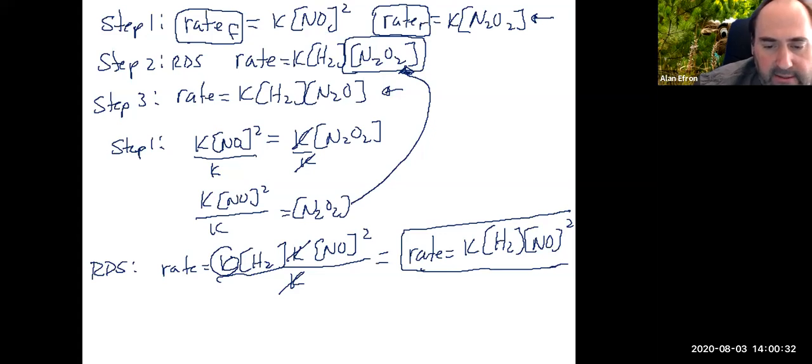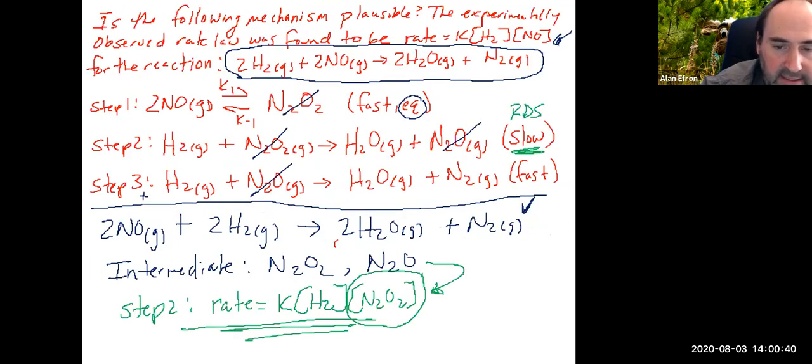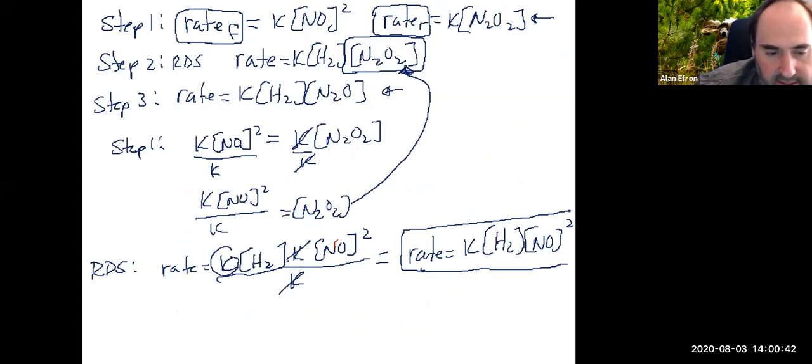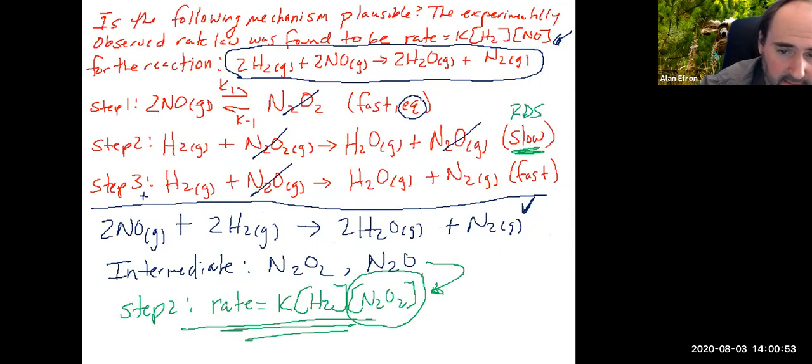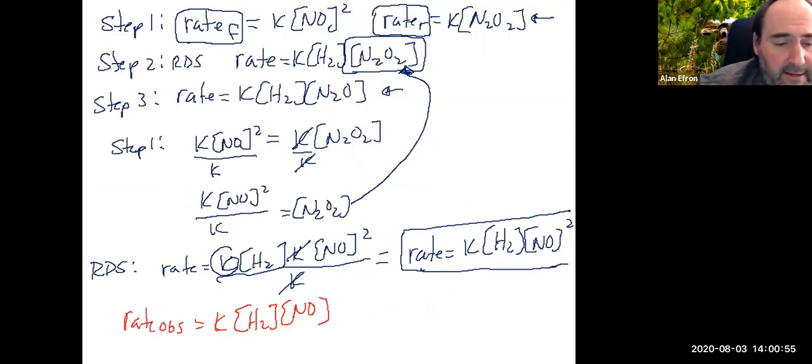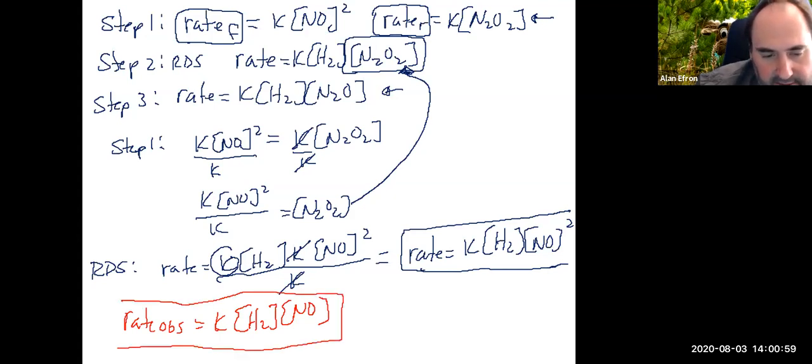So again, to determine if it is good or bad, we want to take the rate law that was found experimentally, which in this case is K times H2 and NO. I forgot to write the squared part, so that's good. This is the one that was found experimentally.